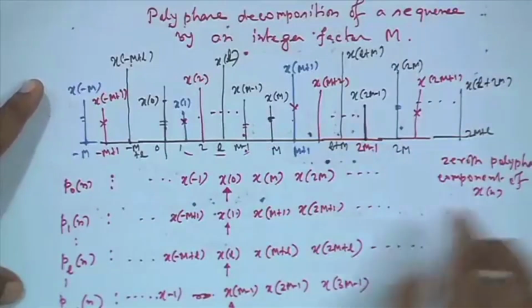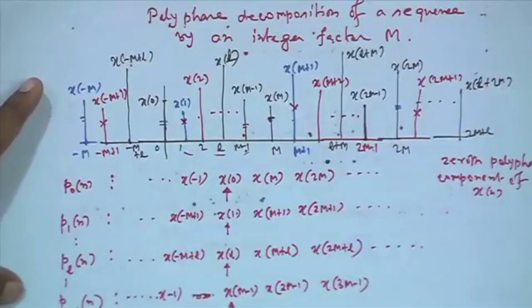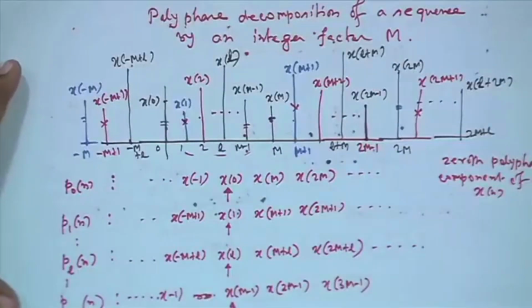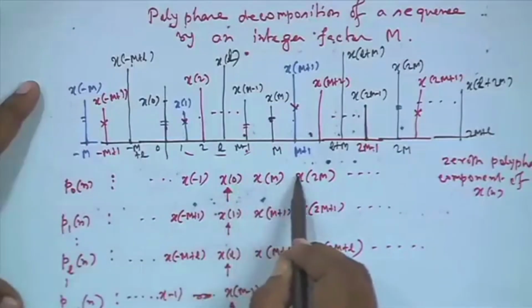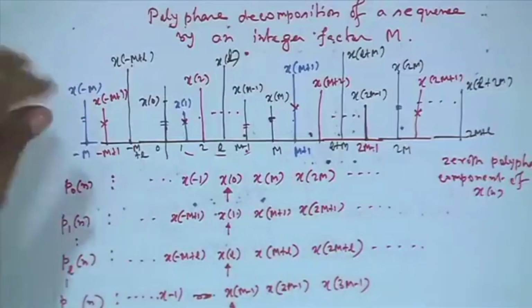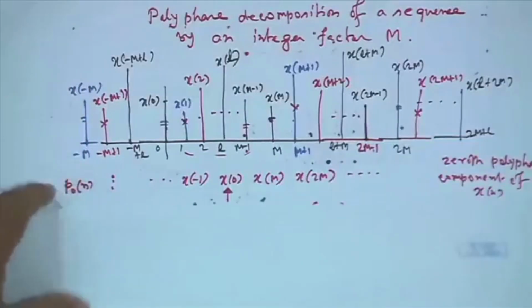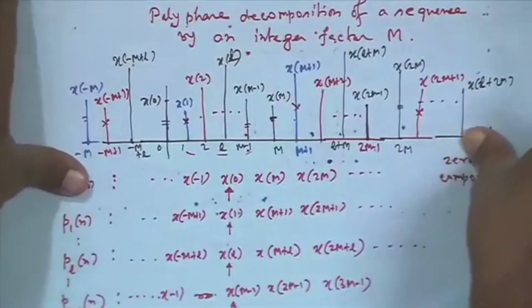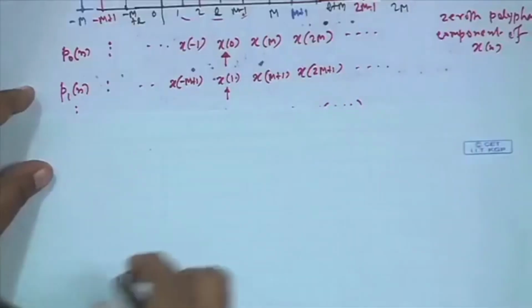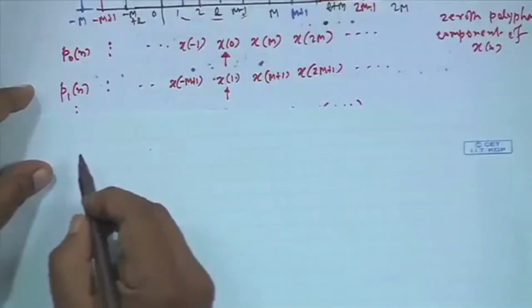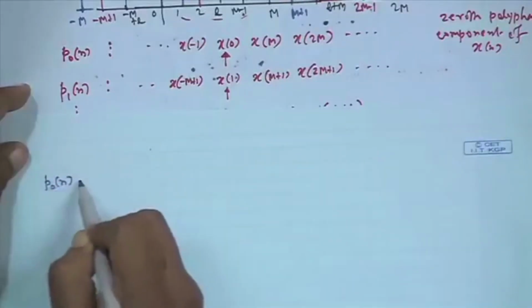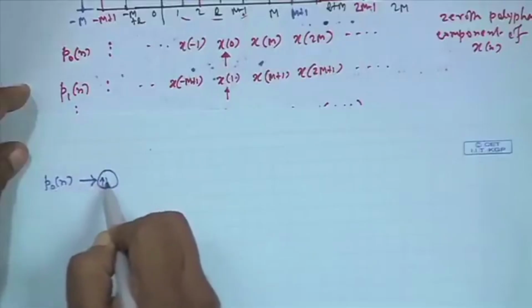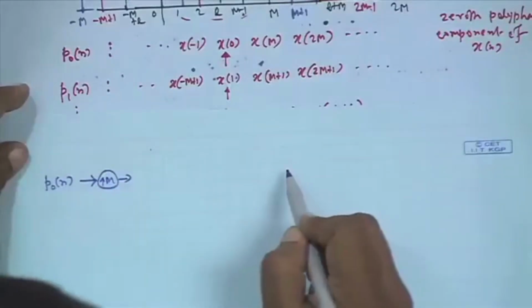Now, using them, how to get back this? You will see if I expand this P0 n, then between every pair of samples I bring in m minus 1 zeros. Okay, that is I expand P0 n, what will I get?